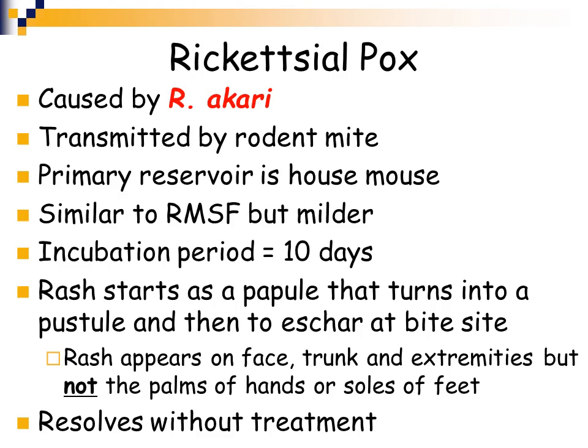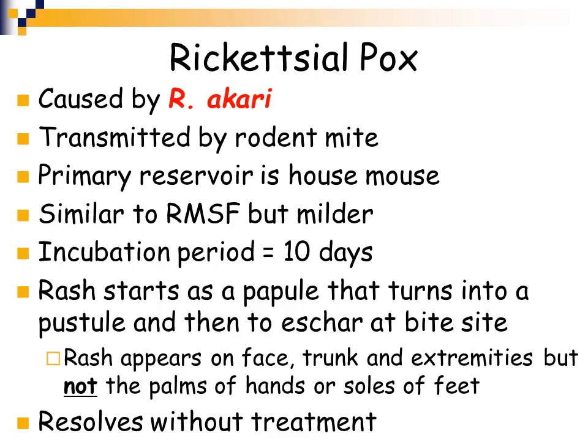The next organism in the spotted fever group is Rickettsia akari, which causes the disease rickettsialpox. Now, unlike Rickettsia rickettsii, which is transmitted through a tick, Rickettsia akari is transmitted by the rodent mite or mouse mite. So the primary reservoir of Rickettsia akari is the house mouse, and it causes a similar disease to Rocky Mountain spotted fever, but much milder.